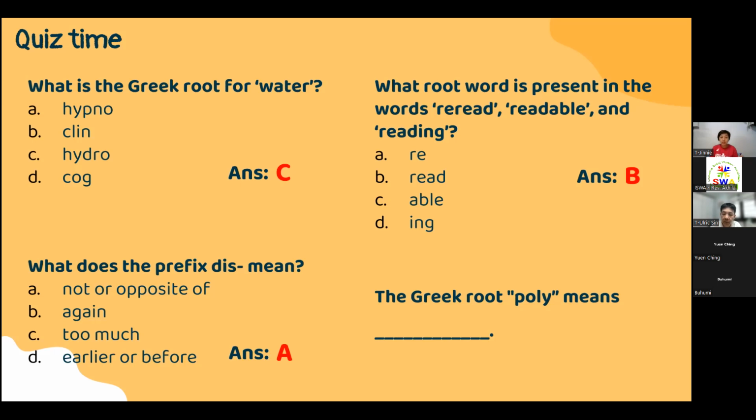Like I said, polytechnic, polyclinics, which are not easy, yeah? So anyone can try and give me the answer. If you do not know, it's okay. That means you add another root word to your understanding. So the meaning of poly actually means many.